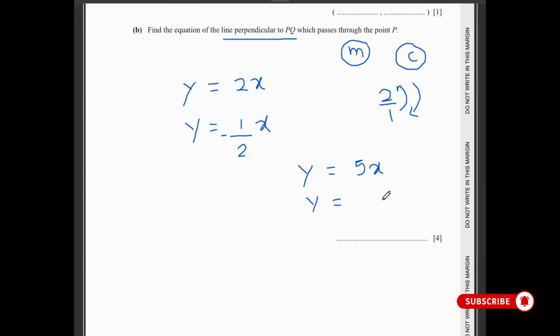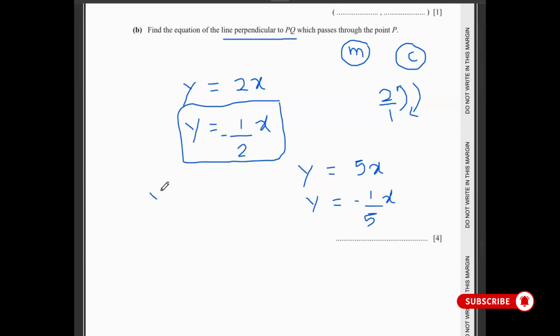Yes, as I wrote here, this is the equation of the line perpendicular to the given line. Minus 1 over 5x, yes. Now, did you understand how to write the gradient of a line perpendicular to a given line? It's always the reciprocal, but not only the reciprocal, it's the negative one.